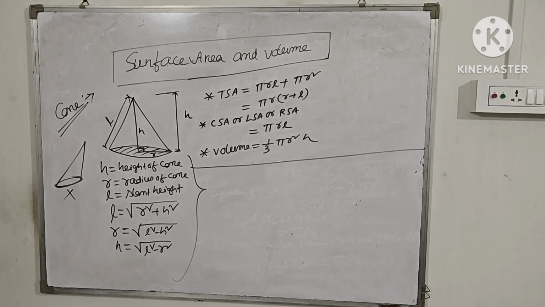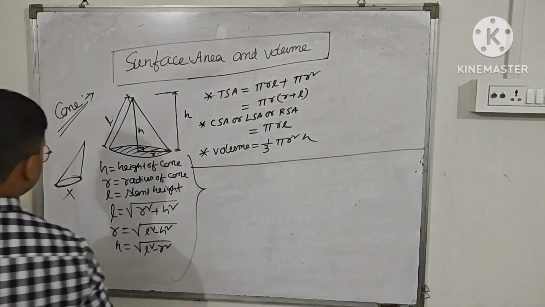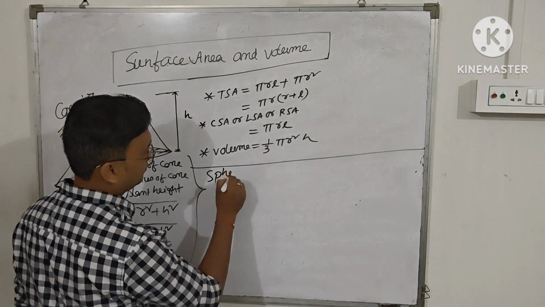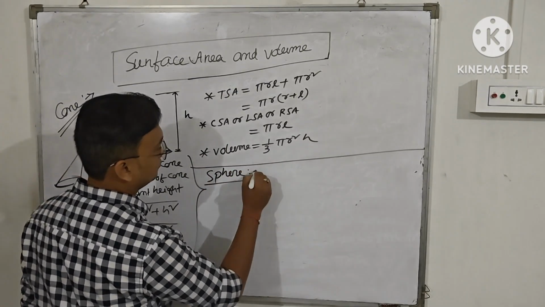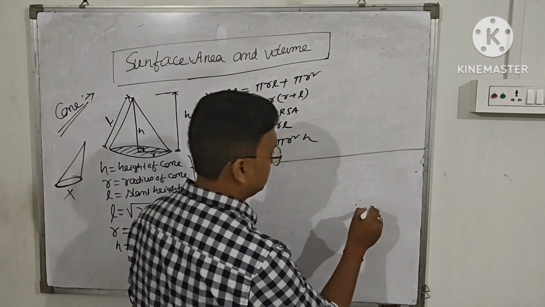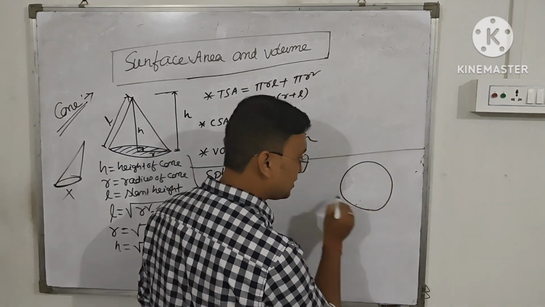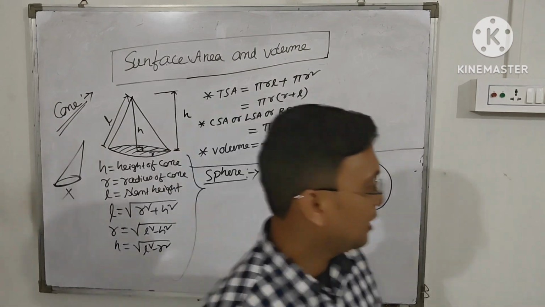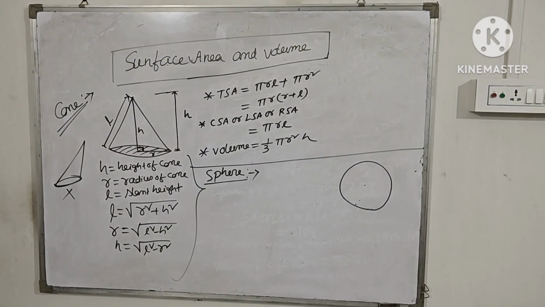Next figure is, I think, sphere. Sphere is like this. This is the center. Sphere is like this. Globe.